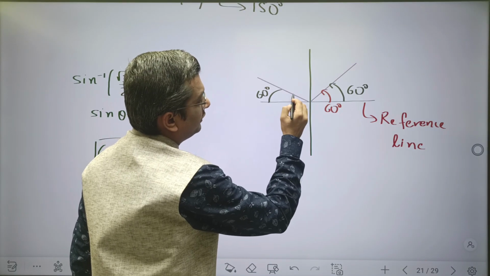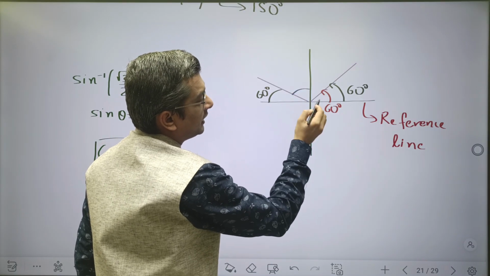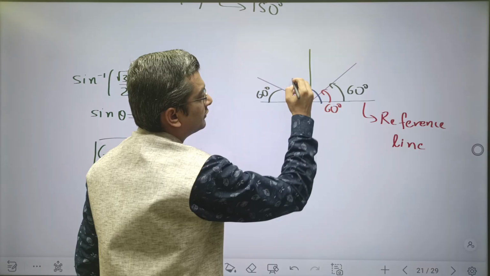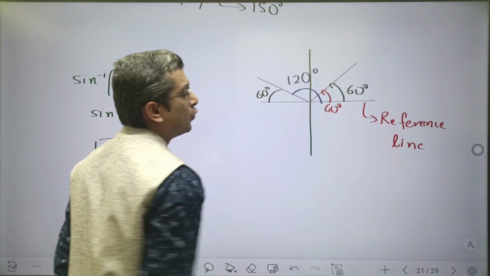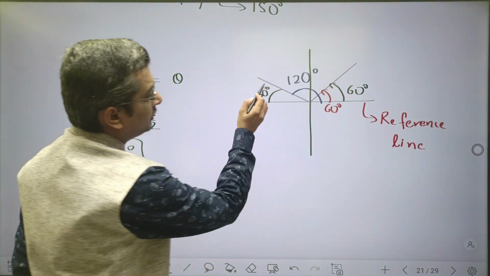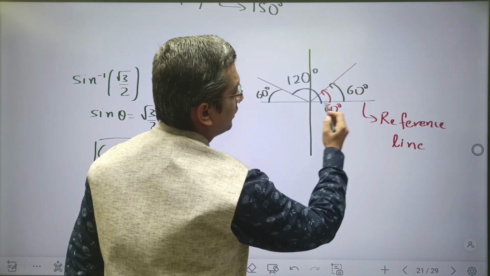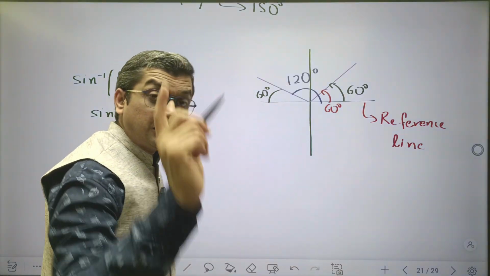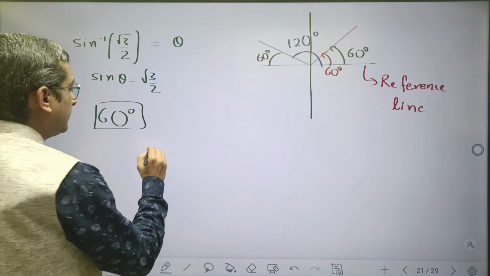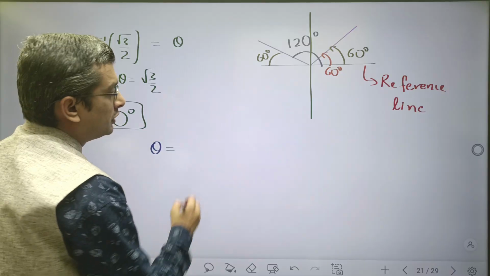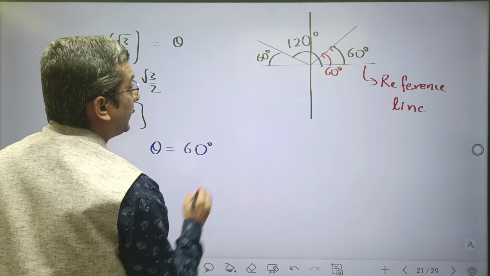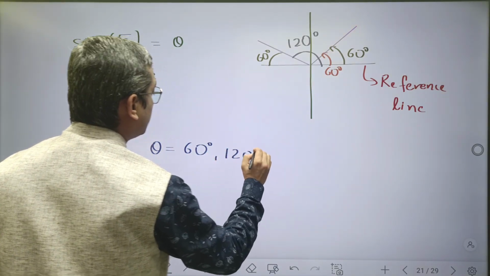So this is 60, and this will be 30, and this will be 90. So this whole angle is 90 plus 30, which is 120 degrees, because we have to take the angle of this line from the positive x-axis, that is, the reference line, in the final step. So the two angles are theta equal to 60 degrees and 120 degrees.